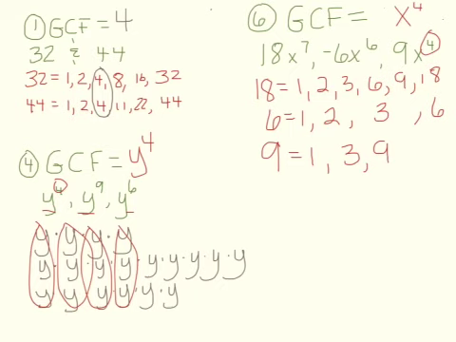And I only listed that 3 once. So the biggest number that all three of these have in common is 3. So the greatest common factor of 18x to the 7th, negative 6x to the 6th, and 9x to the 4th is 3x to the 4th. They all share a 3, and they all share at least 4 x's.